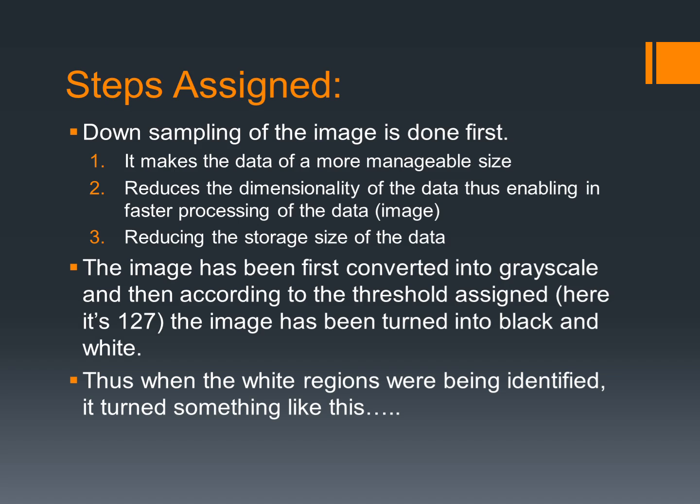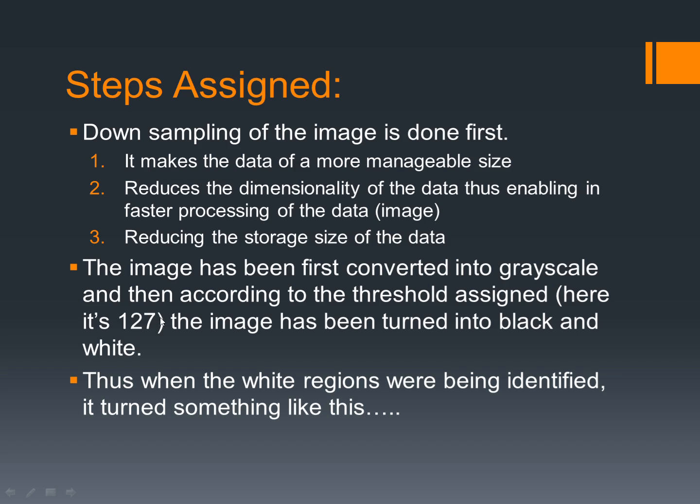The image shown on the first page was very high resolution and very large, so we first downsampled it so that processing could take place easily and fast, then converted it to grayscale, and then a threshold value of 127 was applied to turn it into black and white.